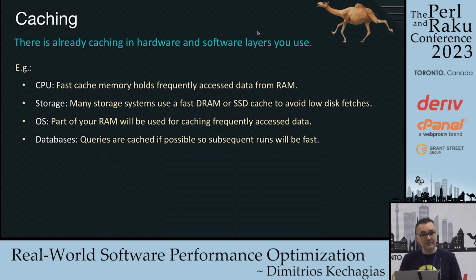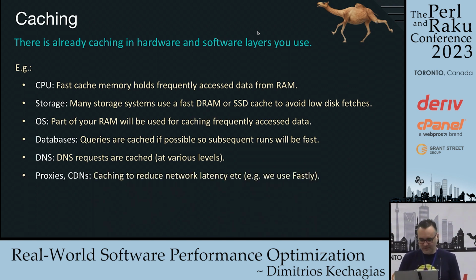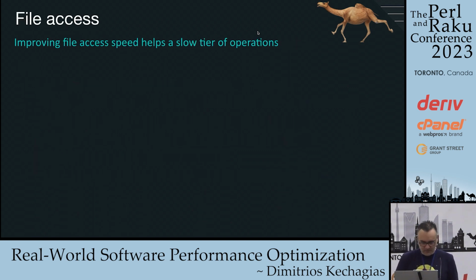Your database system will do its own buffering depending on your setup, and if you rerun a query, it should be fast. DNS is cached because it's a network request, so at least your OS will cache it. Then you have proxies and CDNs, which reduce the network latency. We use Fastly.